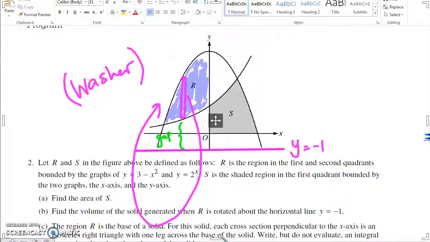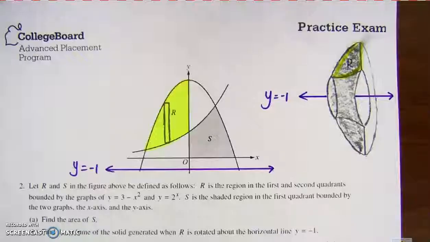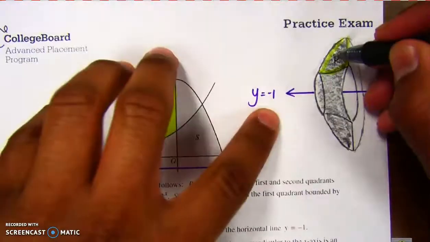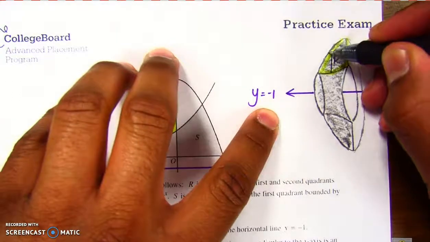And if you were to visualize what the solid would look like, an infinite amount of rectangles in region R that are rotating about the line y equals -1 would create a solid that looks like this. So your solid should look something like this. So this is the washer.